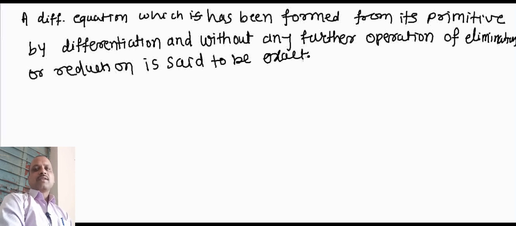So this is the exact definition of exact differential equation.